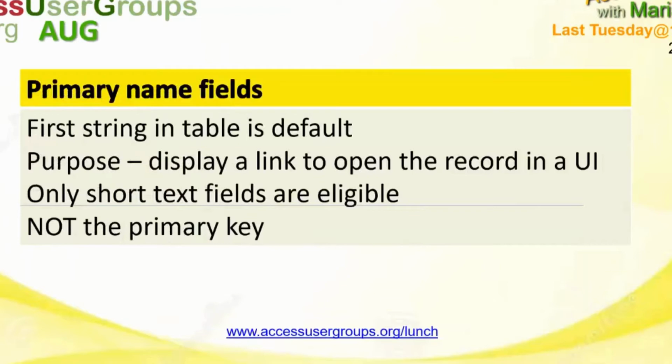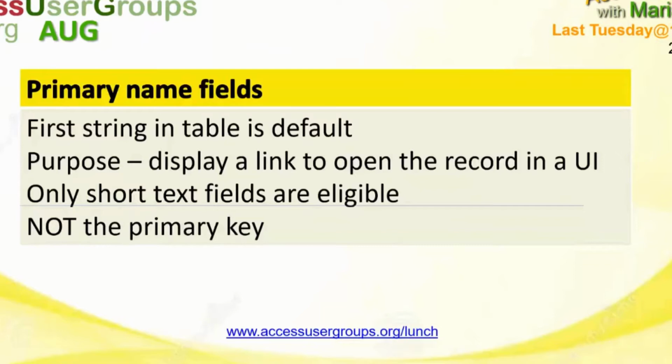Some of the time, we use something else, like maybe a description name or something like that, if it's going to be unique, or we have a smaller table or something like that. But we're used to thinking about a primary key. A primary name field is not a primary key. The purpose of it is to display a link to open the record in a user interface.